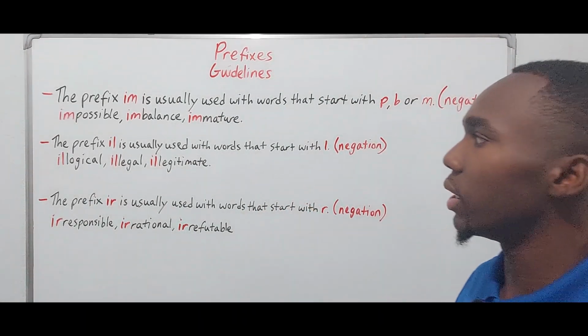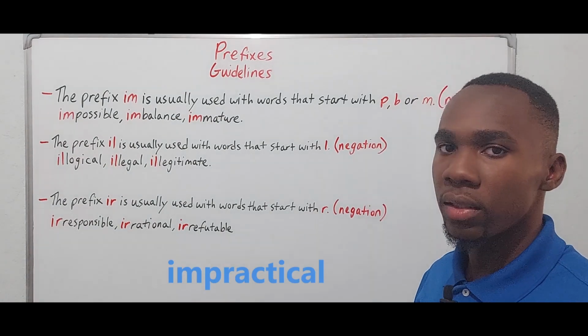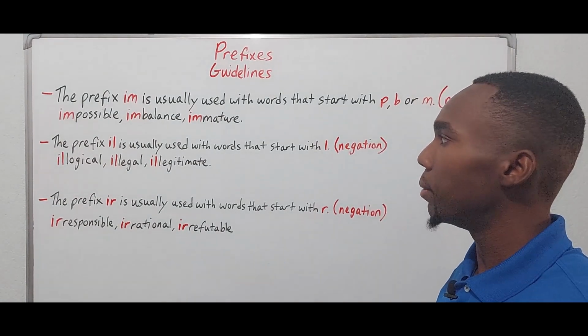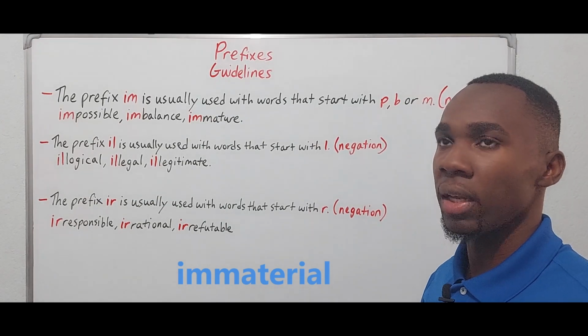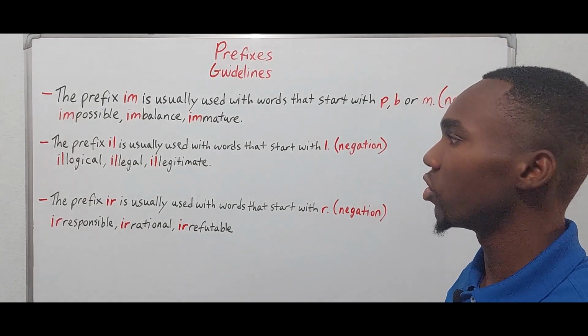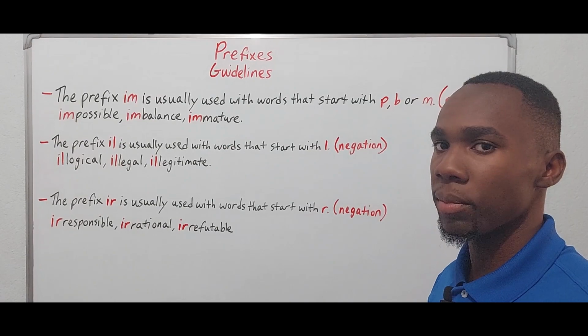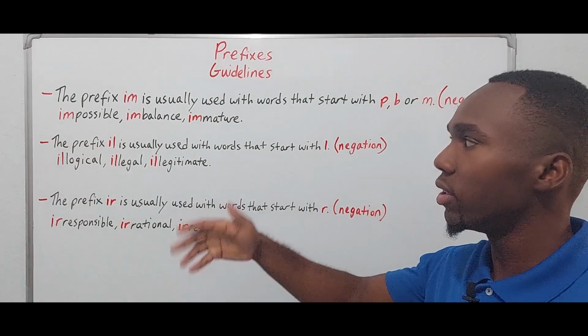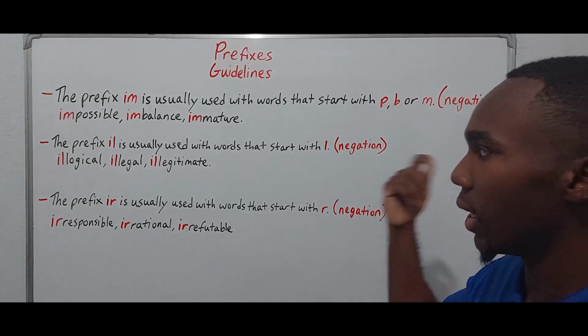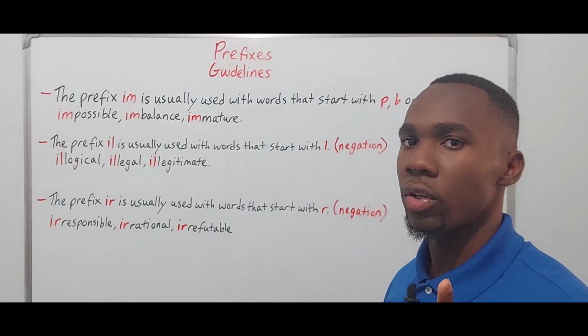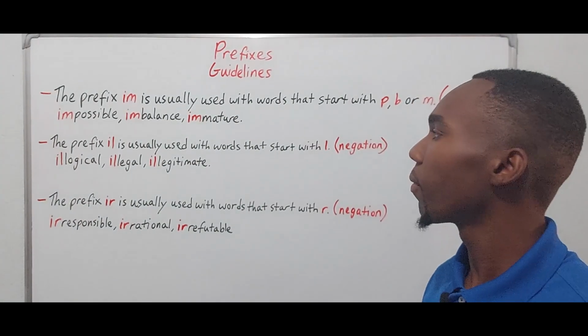More examples would include impractical and immaterial, and immaterial means something is not important, right? So those are just two other examples. So IM is generally going to be used with words that start with P, B, or M. Not the rule though, just a guideline.